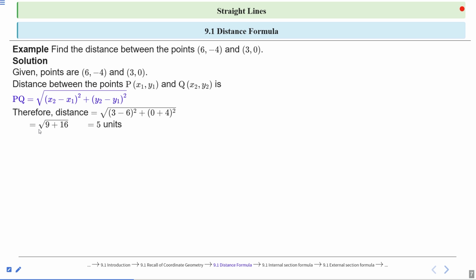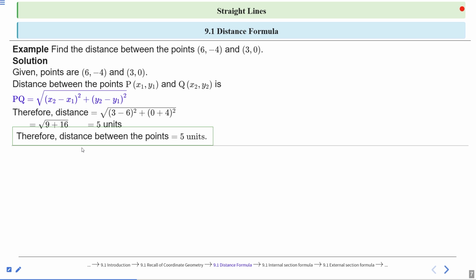After simplifying, this is equal to square root of 9 plus 16, which is square root of 25, and that is equal to 5 units. So the distance between the points 6 comma minus 4 and 3 comma 0 is 5 units.